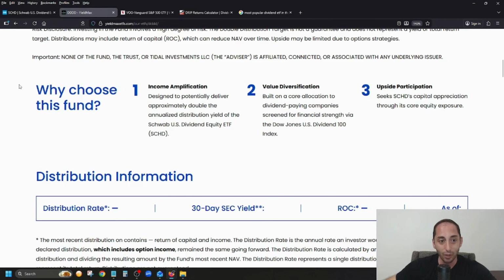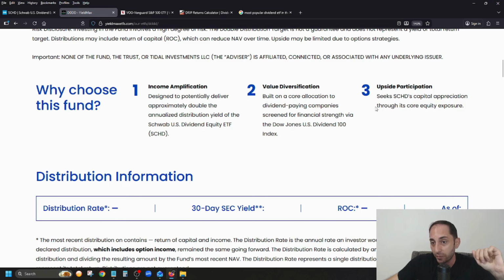If we actually look at why choose this fund, I'm on their website here, it's designed to potentially deliver approximately double the annualized distribution yield of the Schwab US Dividend Equity ETF, or SCHD, right? And as we know, with SCHD, if you're building an ETF on top of or that has the same exposure, you're looking at a core allocation to dividend paying companies screened for financial strength via the index that we discussed, right?